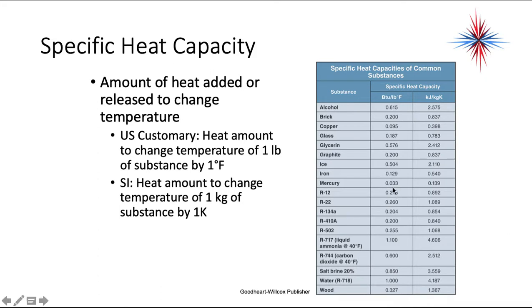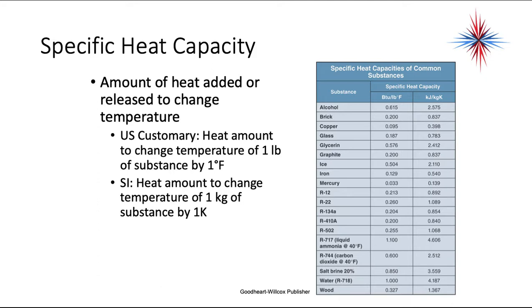If we take a look at glass, it takes 0.187 BTUs to raise or lower the temperature of glass by 1 degree Fahrenheit. Ice, which is just another form of water, takes 0.504 BTUs to raise or lower 1 pound of ice 1 degree Fahrenheit.